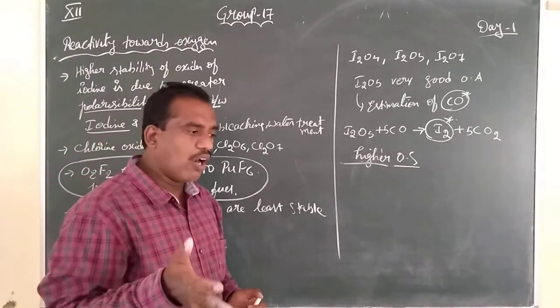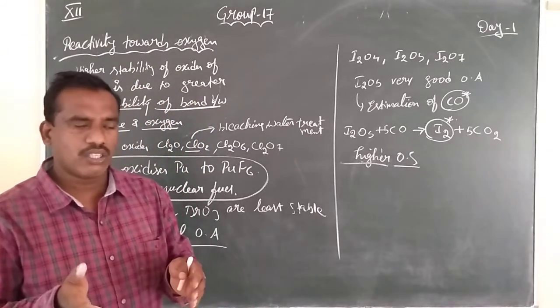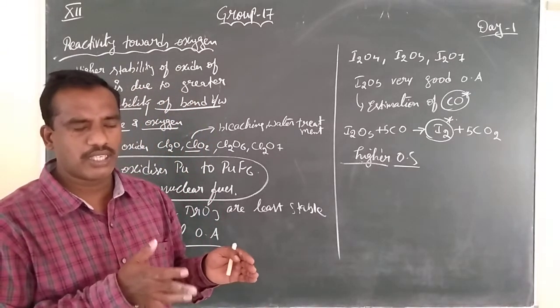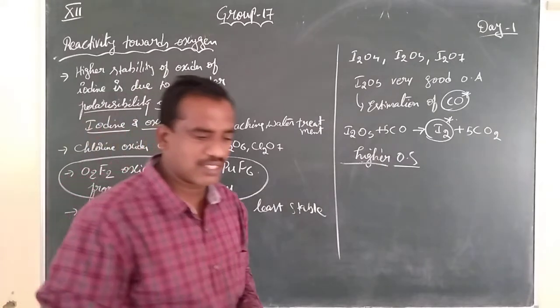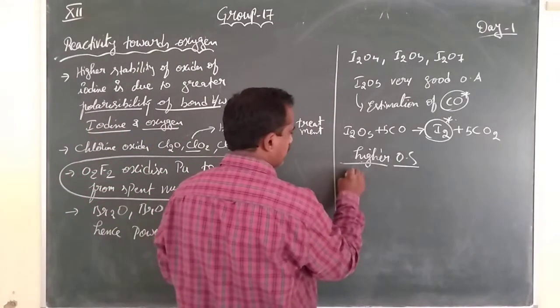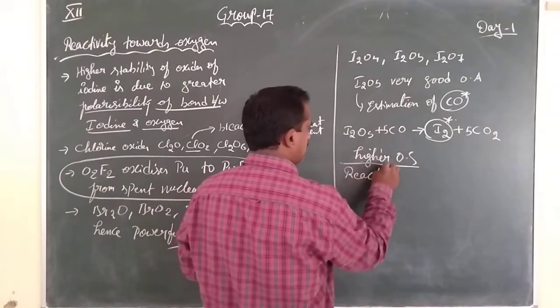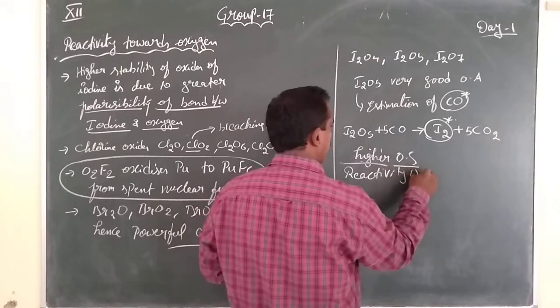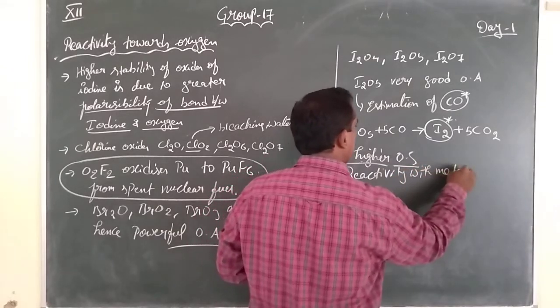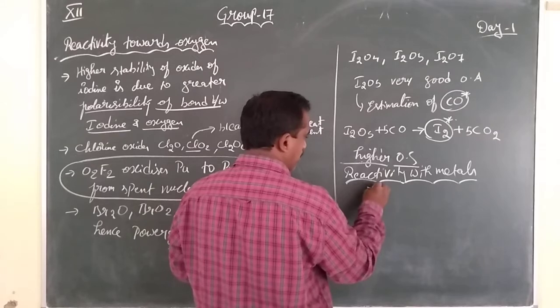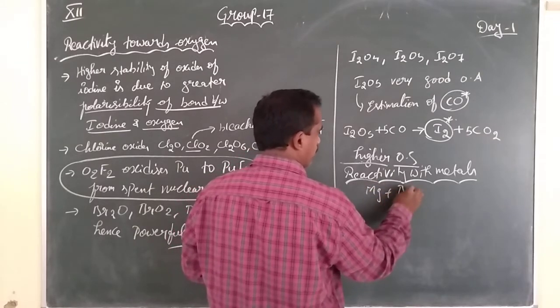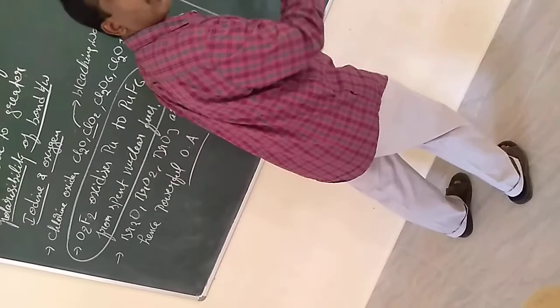After these oxides of the halogens, we have the concept of how they react with metals. Reactivity with metals: magnesium reacts with bromine to form magnesium bromide.